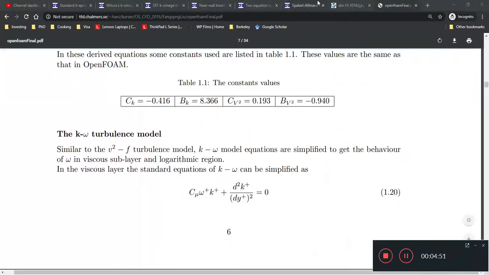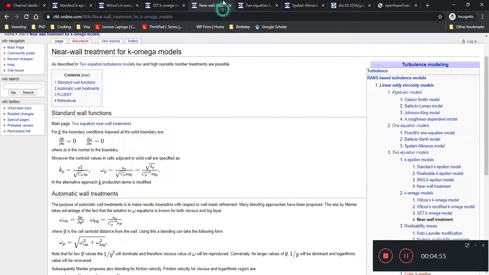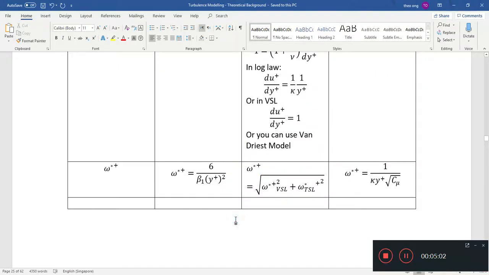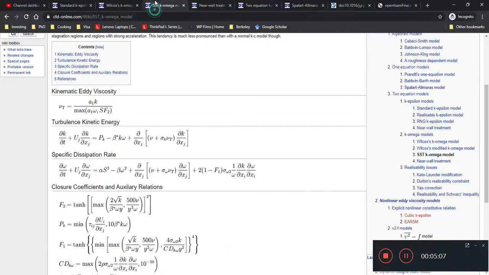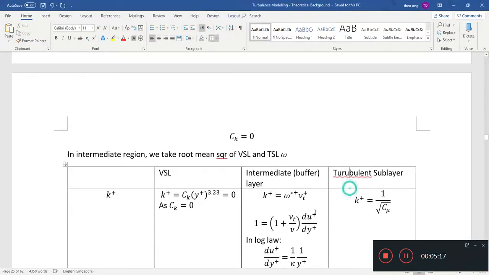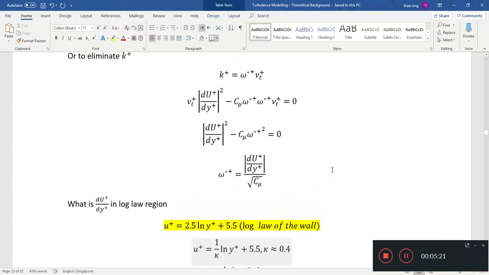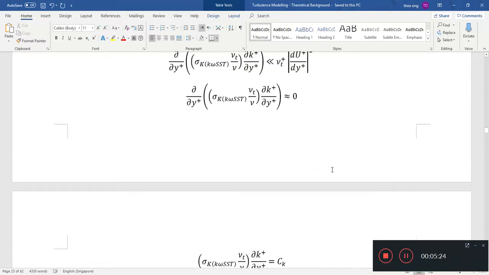We want to look at the blending function, how it behaves in the viscous sublayer, and how it behaves in the log-law region. So hopefully we can find an expression for F1 based on these wall functions. That's the whole idea of this.